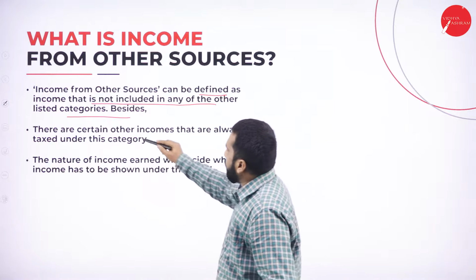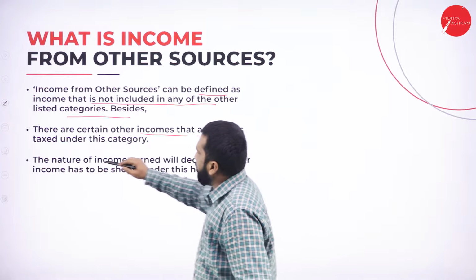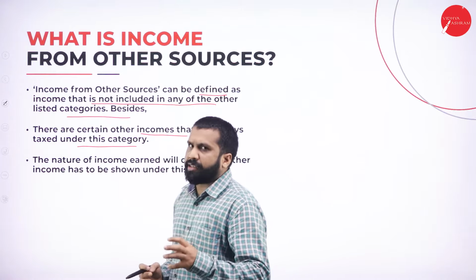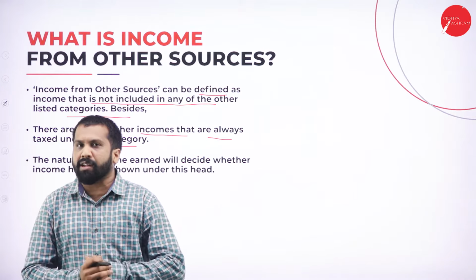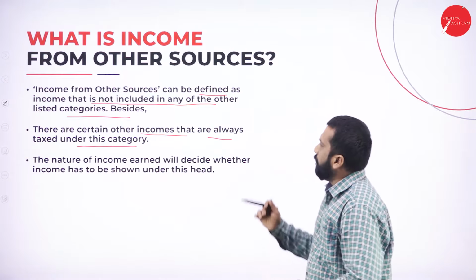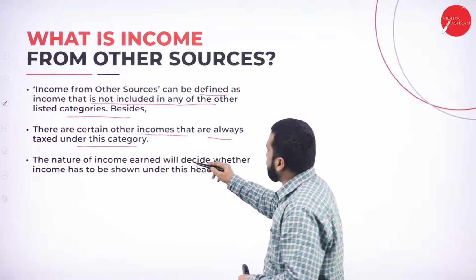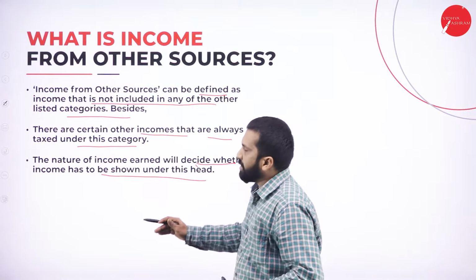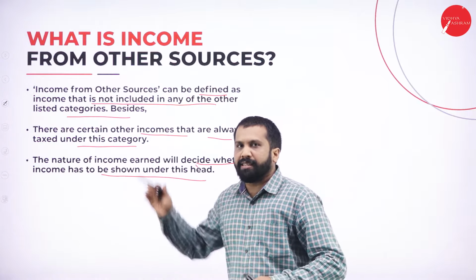Next, there are certain other incomes that are always taxed under this category. Certain incomes always come under income from other source. The nature of income earned will decide whether income has to be shown under this head. You will not get these things in the examination.